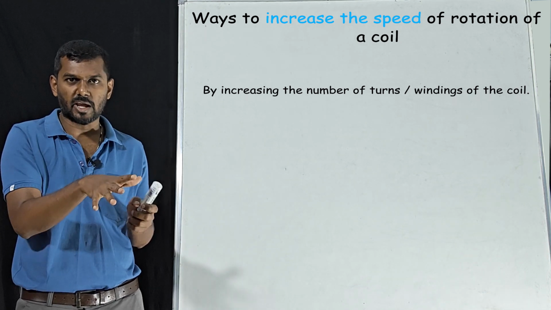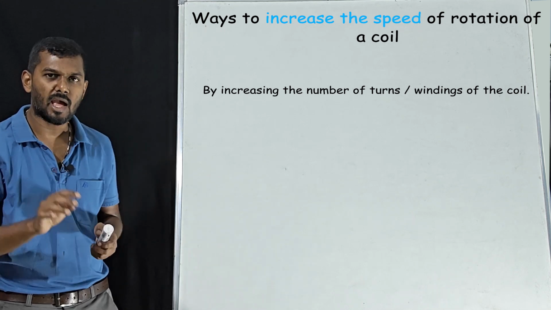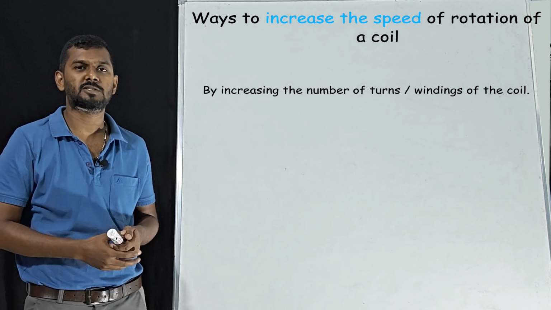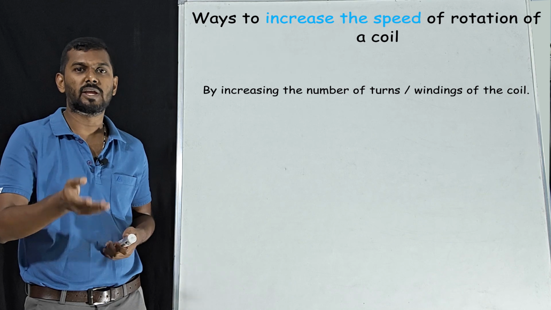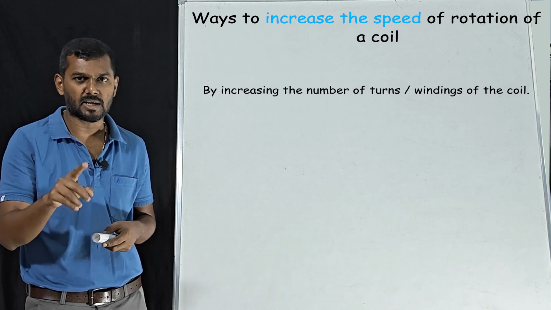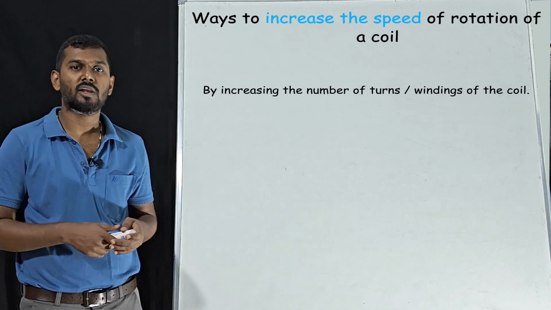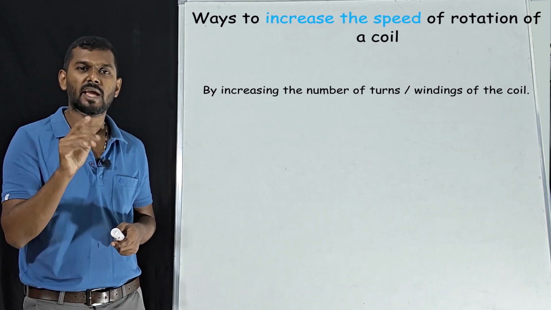The armature is soft iron, and around the soft iron, the coil is wound. In our first part we understood that number of turns is directly proportional to the strength of the magnetic field, correct? So this is one way. You can write it as increasing the number of turns of the coil, or increasing the windings of the coil, you can write any one.